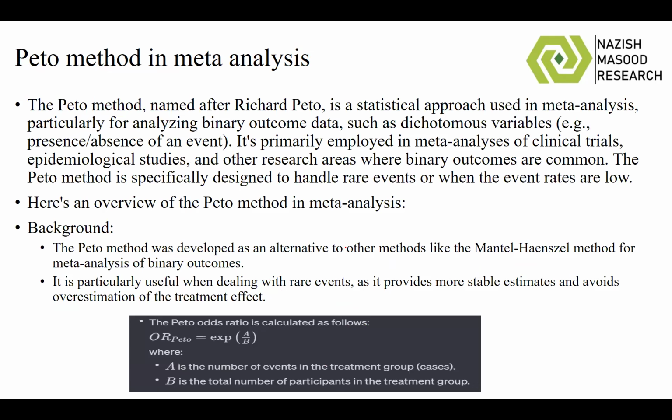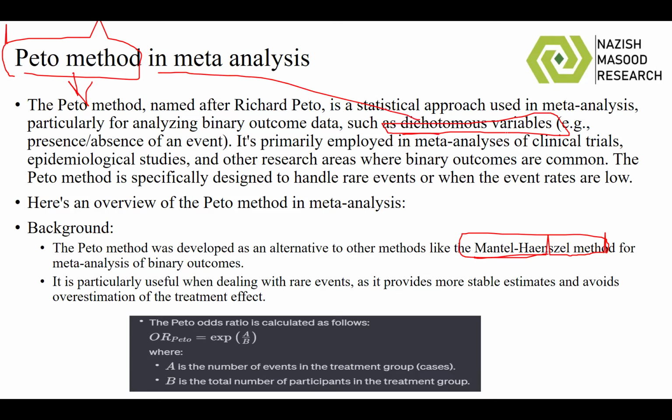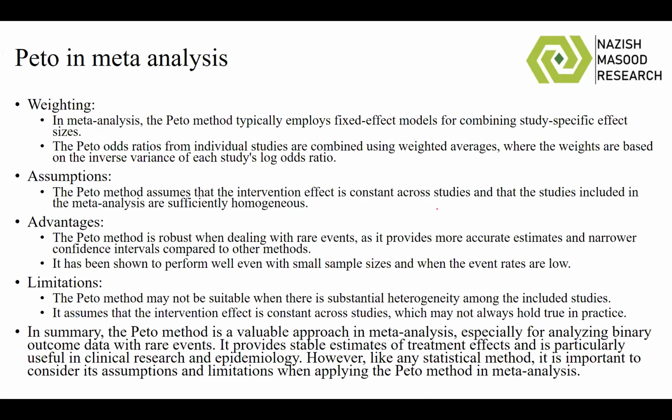Whenever we are doing these fixed effect and random effect models, we apply either a Mantel-Haenszel method or a Peto method. A Peto method is applied for a fixed effect model. Normally, when we have the outcome variable which is dichotomous, we apply the Peto method. Similarly, when it is dichotomous, we apply the Mantel-Haenszel method, but the Mantel-Haenszel method is applied when we have a random effect model, compared to the Peto method, which is normally applied when we have a fixed effect model.